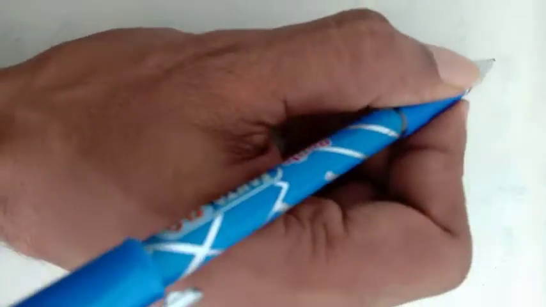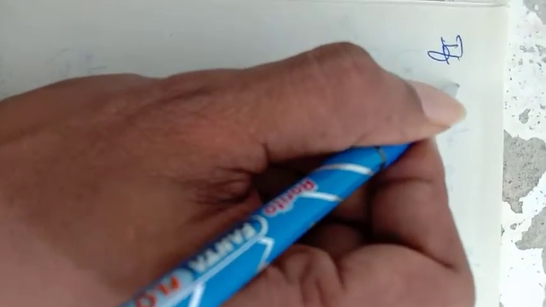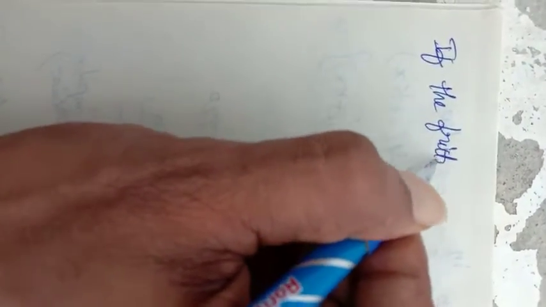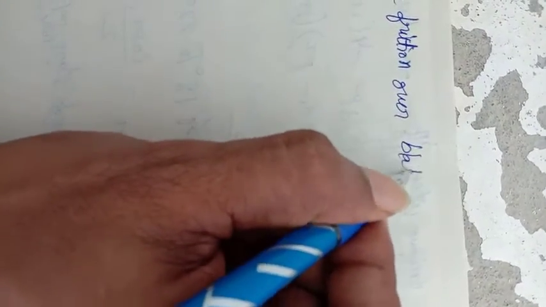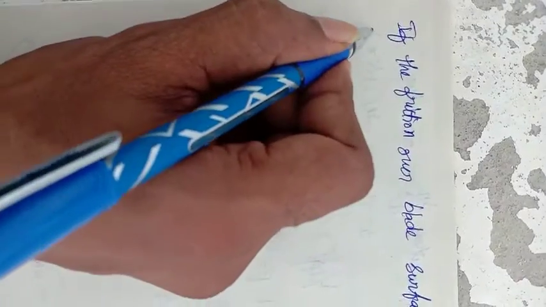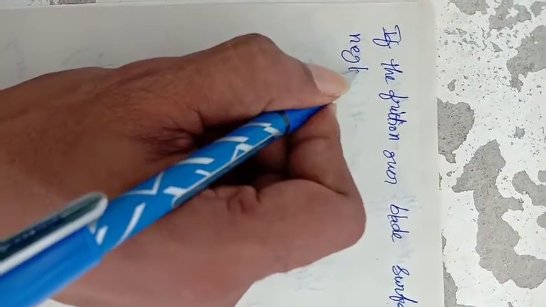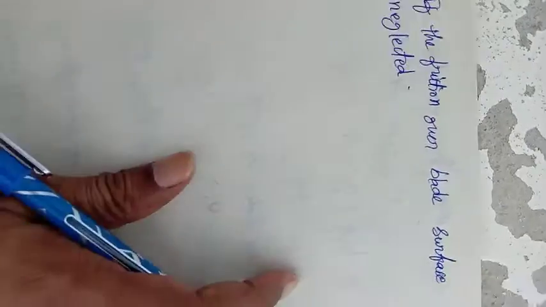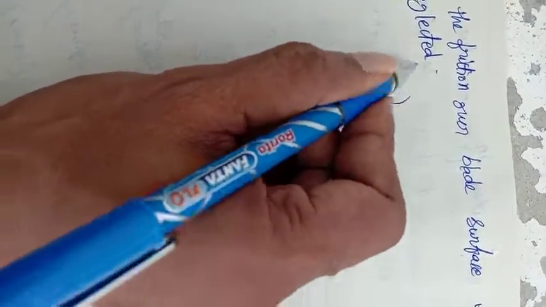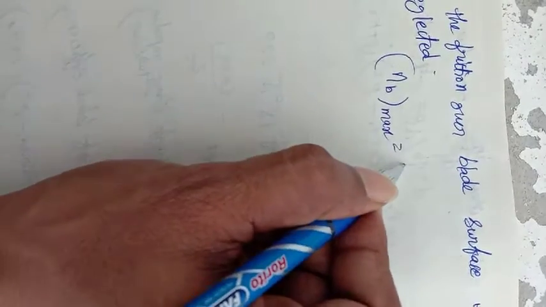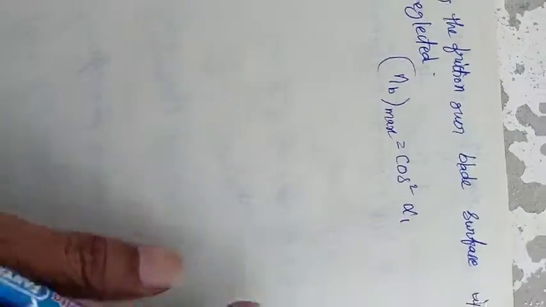Now if the friction over the blade surface is neglected, the efficiency of blade maximum is equal to cos square alpha 1.